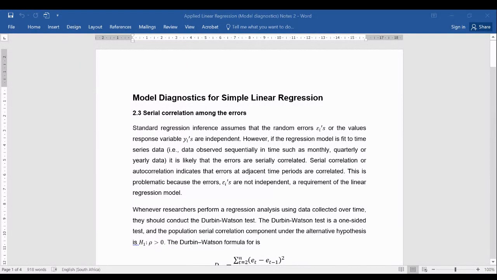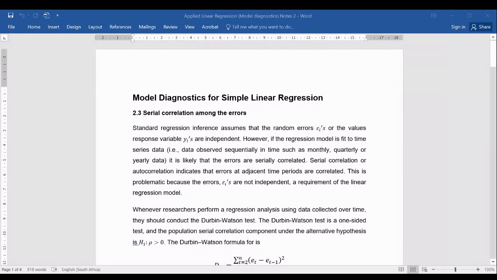It does not affect the point estimate of the parameters, but it affects the variances of the estimates. And remember, when we are testing, for example, if beta 1 is equal to 0 or not using a t-test or an ANOVA table, we need the variance of beta 1.